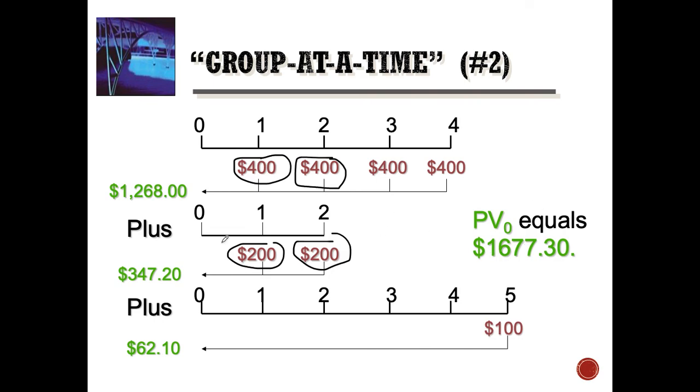And then present value each group here. And then year 5 is just 100, so you need to present value here, and the total of all here is the present value of the mixed flow.